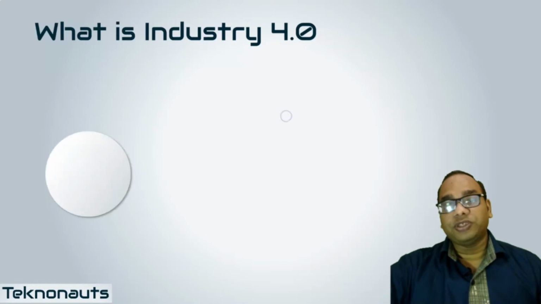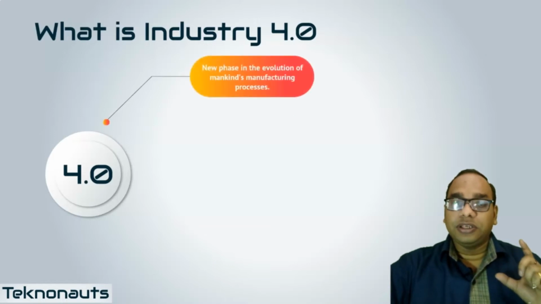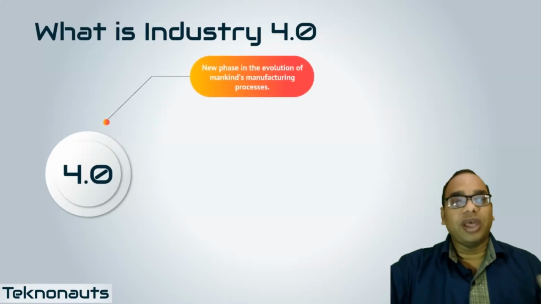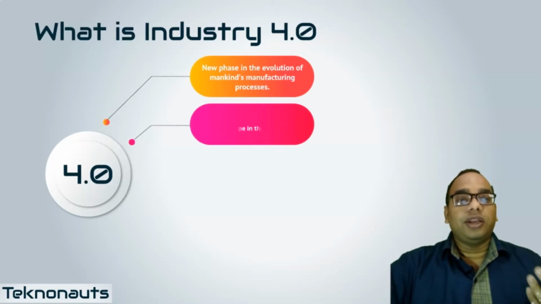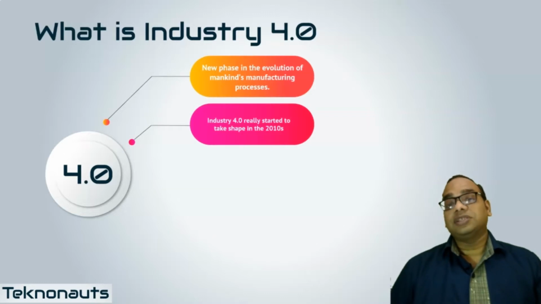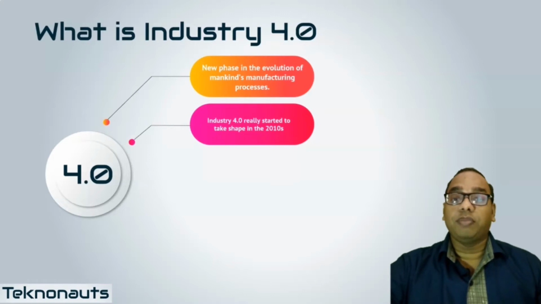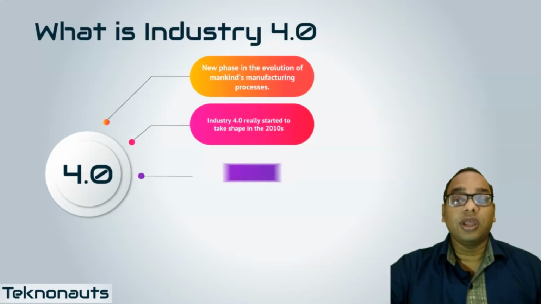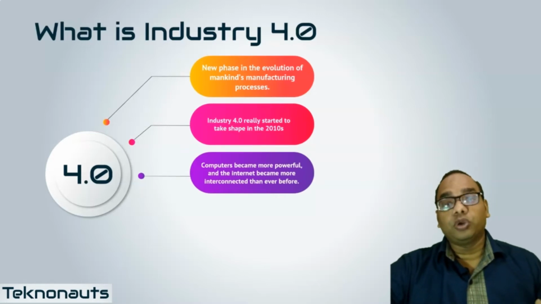So Industry 4.0 can be looked at from different aspects. The first point is that it is a new phase in the evolution of mankind's manufacturing process. Industry 4.0 really started to take shape in the 2010s, as in 2010 the computing power of computers started to increase and mobile was also introduced in the industry, and people started to use different mobile technologies, Bluetooth, wireless and other technologies also came up.